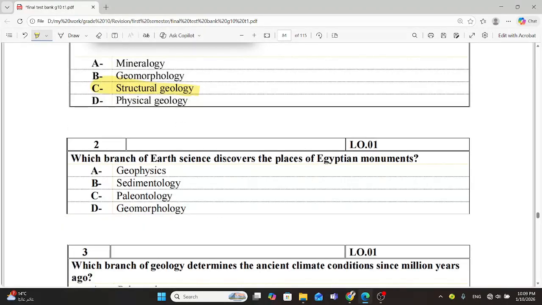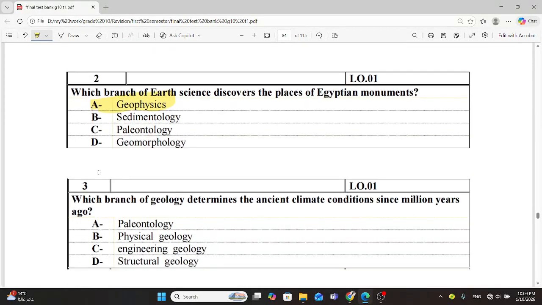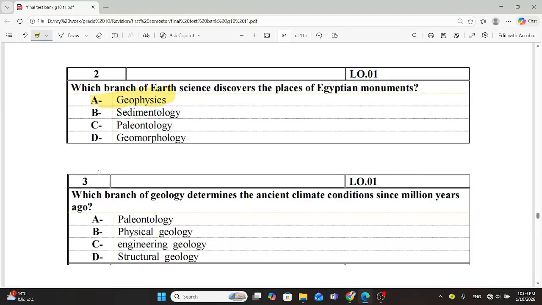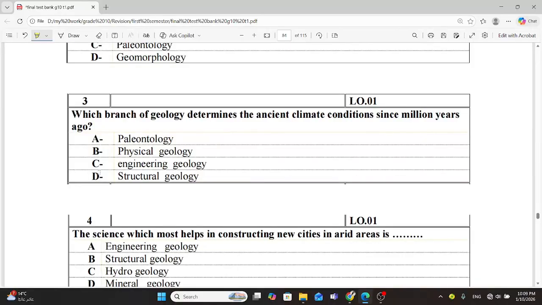Which branch of earth science discovered the places of Egyptian monuments? It's geophysics. Which branch of geology determines the ancient conditions since millions of years ago?